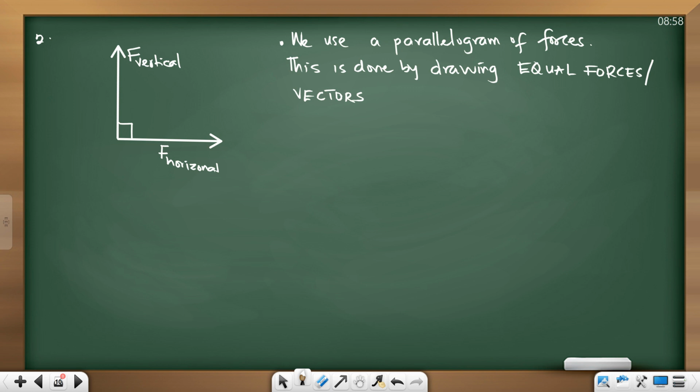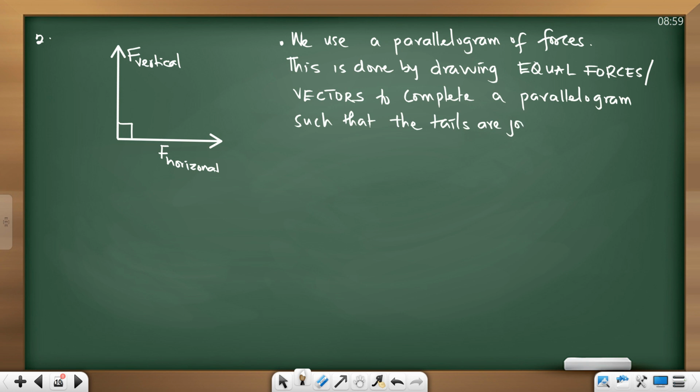All right. To complete a parallelogram such that the tails are joined and the heads are joined.